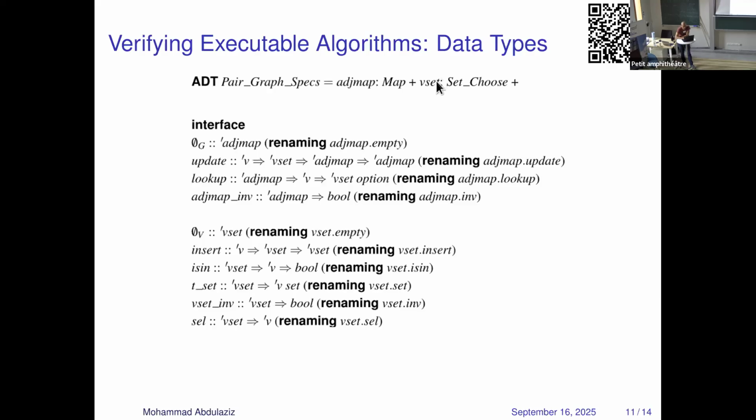And it also uses sets with choice. The interface of this abstract data type is some functions for updating the graph and looking up whether a vertex is connected and so forth. And there are many of those functions. And as you can see, there are a lot of details when you're talking about data types that you want to be executed, in comparison to the mathematical ones.